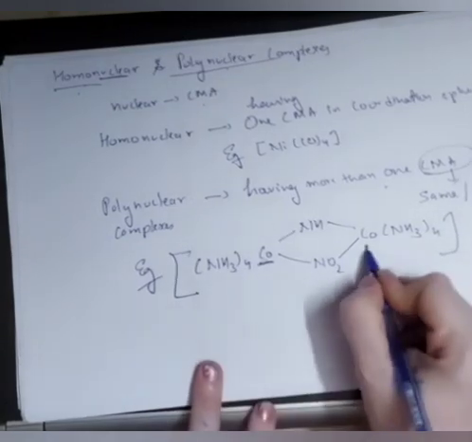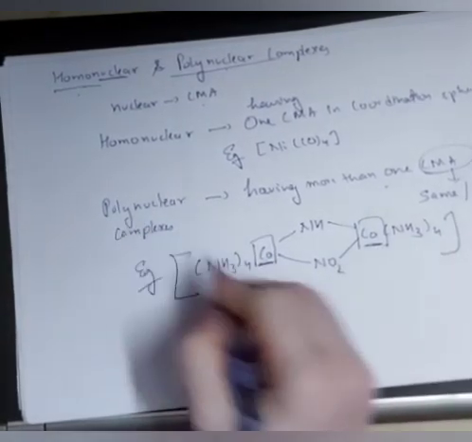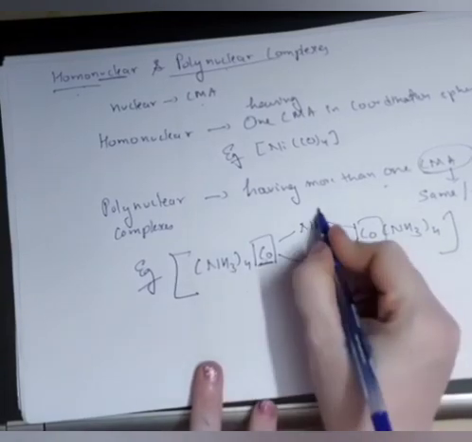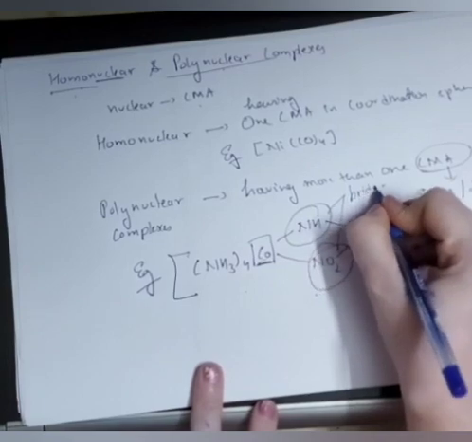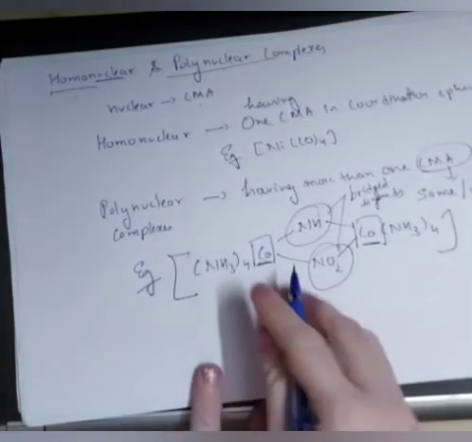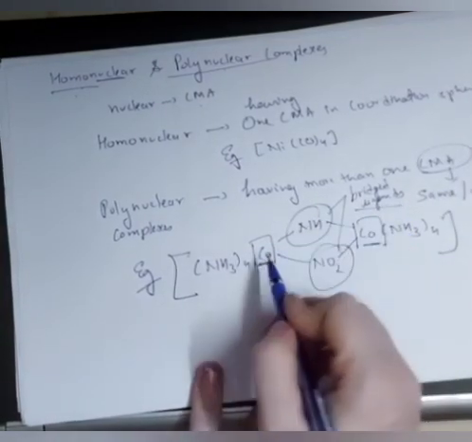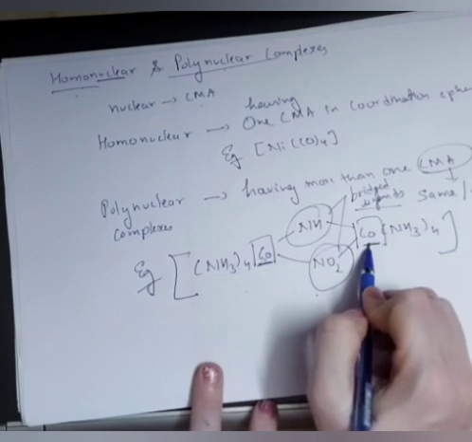Here you are seeing the same type of central metal atom. So it is an example of a polynuclear complex. And these ligands we are calling bridged ligands: the ligands which are connecting two central metal atoms.